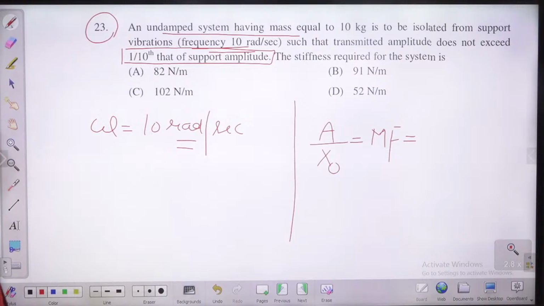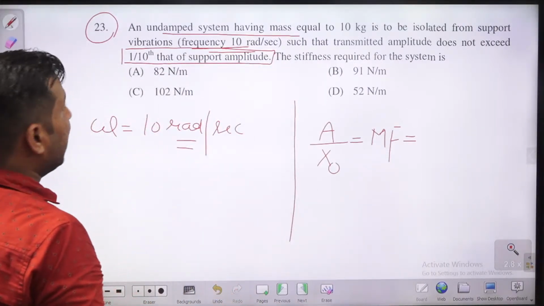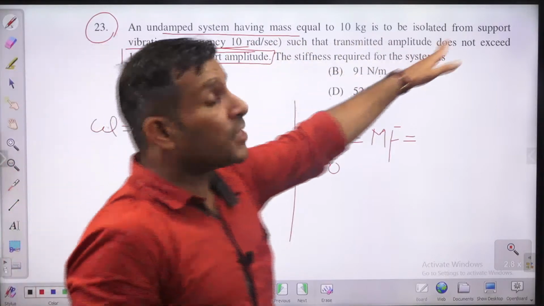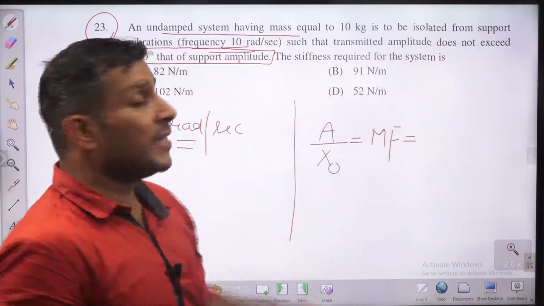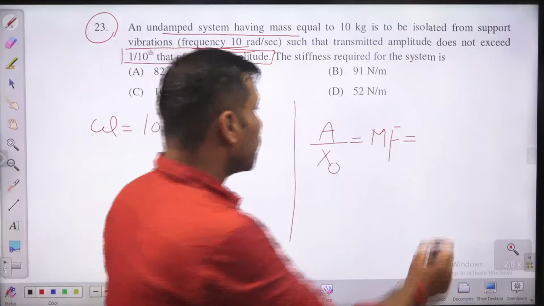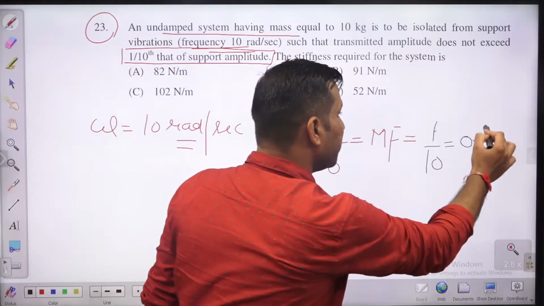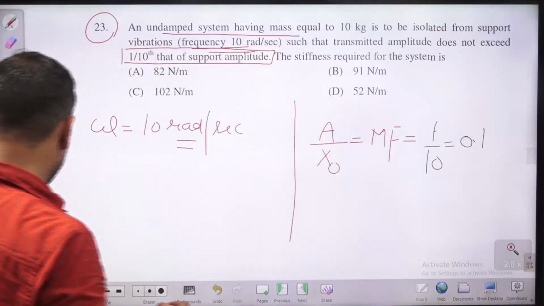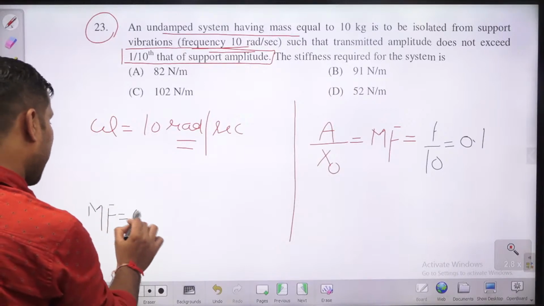The transmitted amplitude does not exceed 1/10 of the support amplitude. ठीक है. So the magnification factor, how much is it? This is 1/10, this is 0.1. Magnification factor is 0.1.